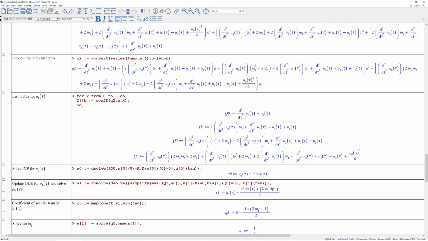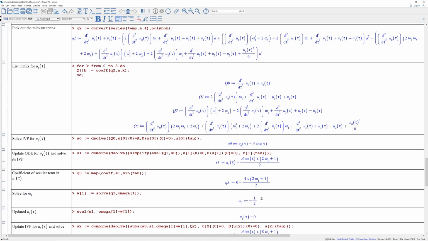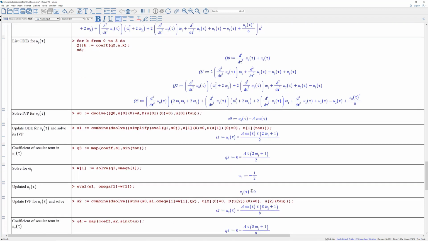So here's where I just go for the solution using dsolve rather than try to figure out which terms are going to give me the secular terms. And you can see that this is a secular term, so you want to set this coefficient to 0. So you pick off that coefficient and you solve for omega 1, and that causes U1 to be 0. Then you have to put that information into the differential equation for U2.